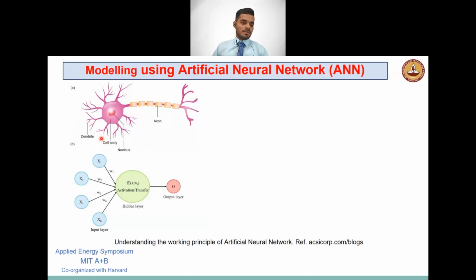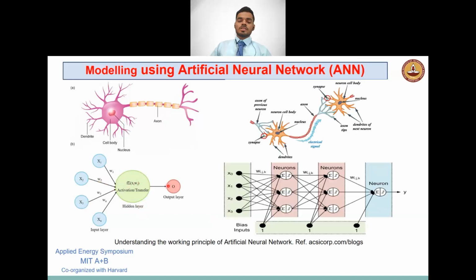In our human body, dendrites take the inputs, and they are transferred via axons, and a similar approach we can use for an artificial neural network for modeling the process, by which we introduce the inputs, and through the mathematical model we can get a desired output.